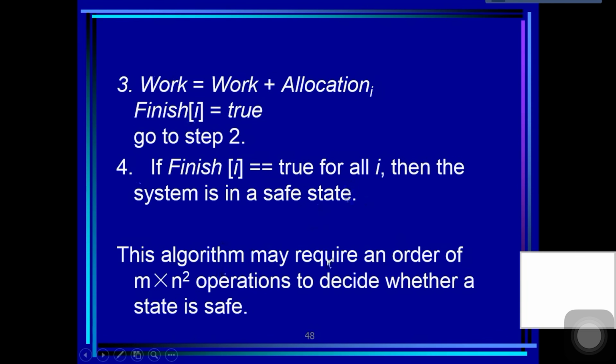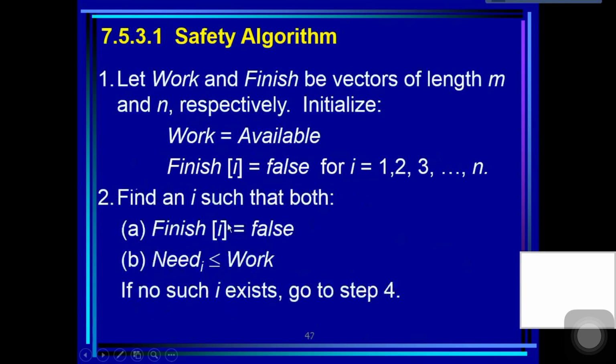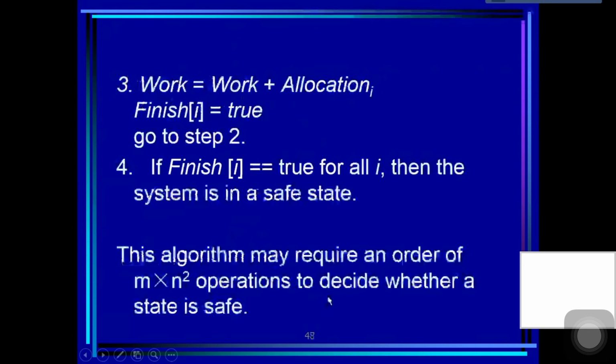And the sequence of processes you find is the safe sequence if the system is in a safe state. This algorithm may require an order of M times N squared operations to decide whether a state is safe. So you can see it is complicated.